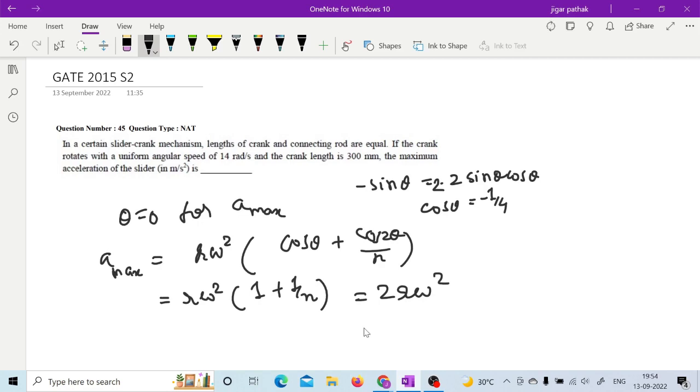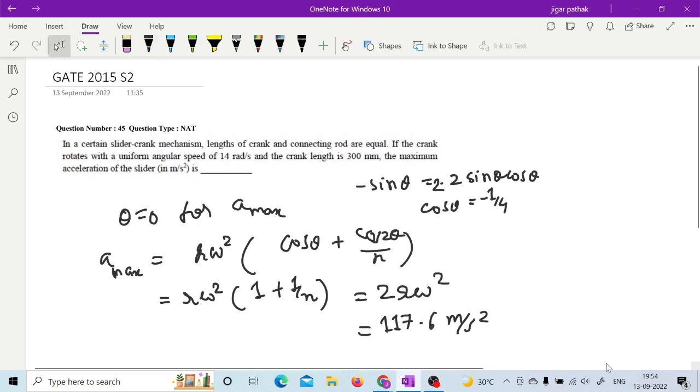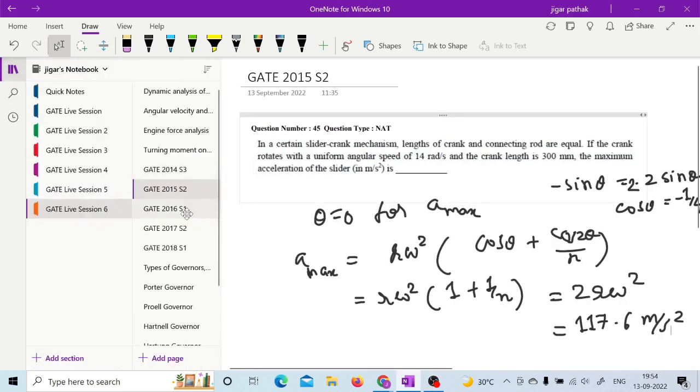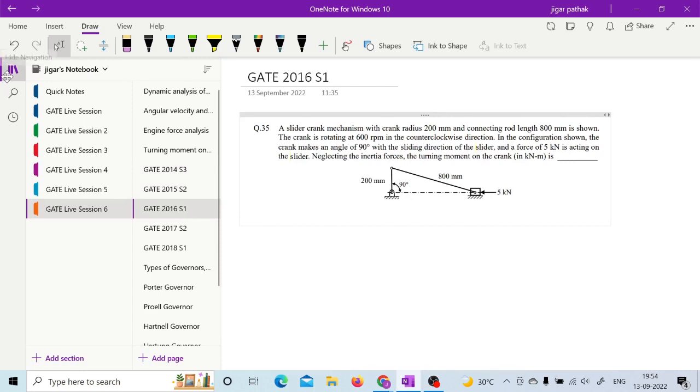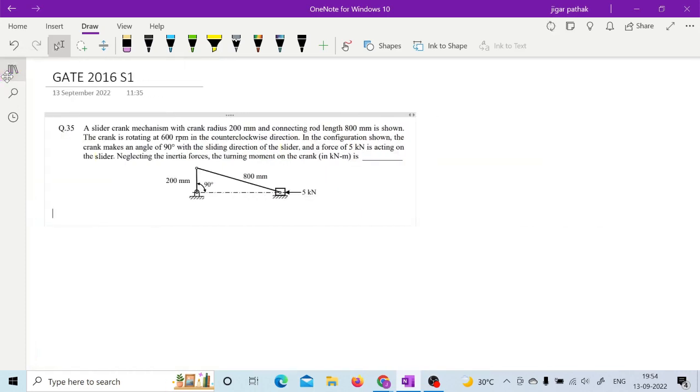You are given the crank length and the angular velocity both, so when you write the values, it comes around 117.6 meter per second square. So is it okay? Yes, sir. Okay, so for the next question, sir, velocity is maximum at theta equal to pi by 2.